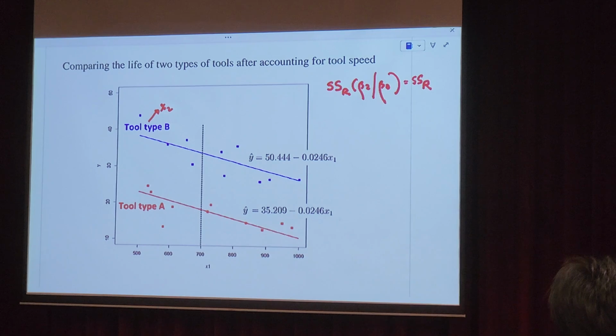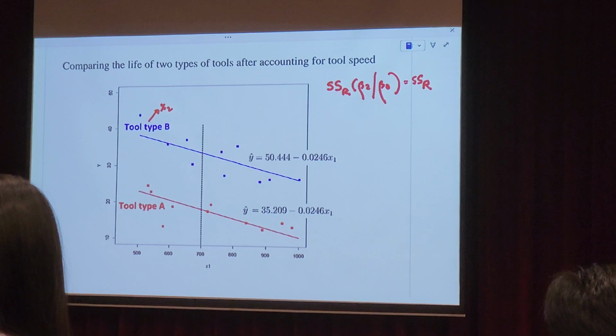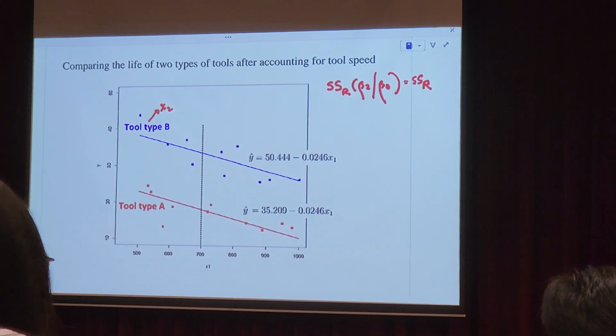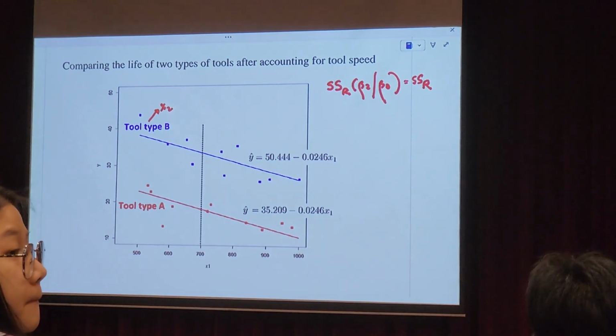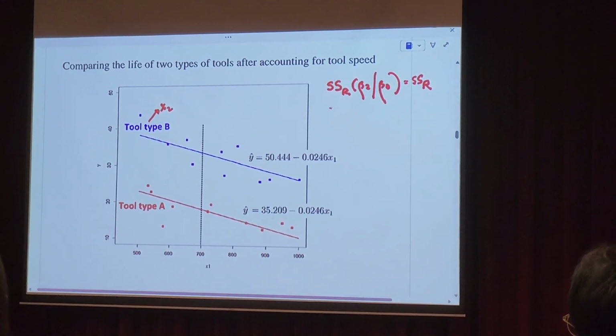If you look at what I've written there, it says we are going to test the two types. Did you see tool speed in that expression? Beta 1 is not in that expression, right? That means when I use this to do my test, I have not considered tool speed at all.